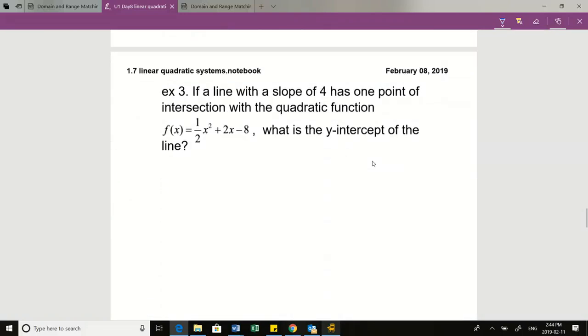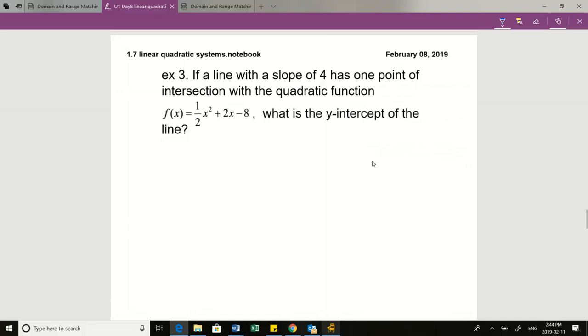All right, so in these types of questions, you might see one point of intersection or you might see the word tangent line. You should think about these in the same way. So if you see one point of intersection or you see tangent line, same thing. So we have a line with a slope of 4. I'm going to call the line g at x for now.